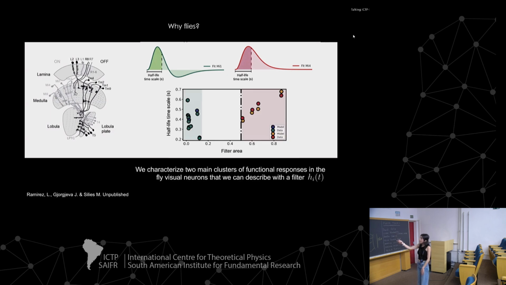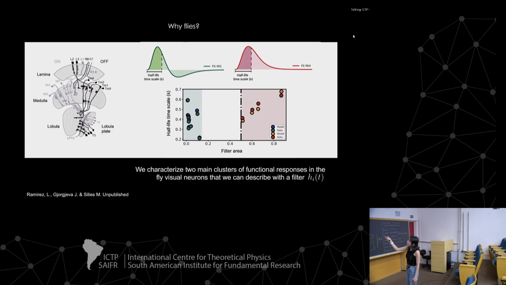So we characterize the neurons with 2 main features. One is the area of the filter, and the other one is the half-life time scale, meaning the time at which the neuron integrated half of the area. This is going to be the characteristic time of the neuron. Here I'm plotting the different data points of the half-life time scale as a function of the filter area.